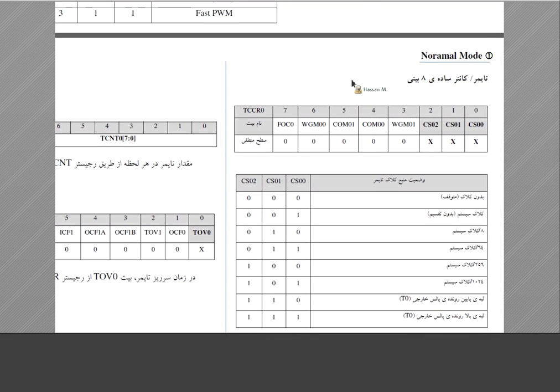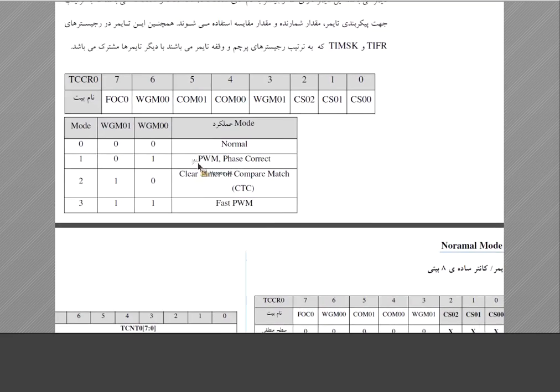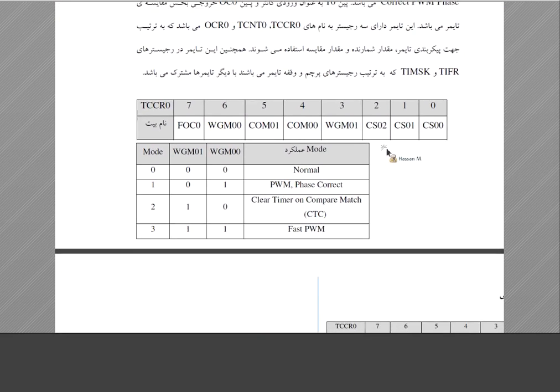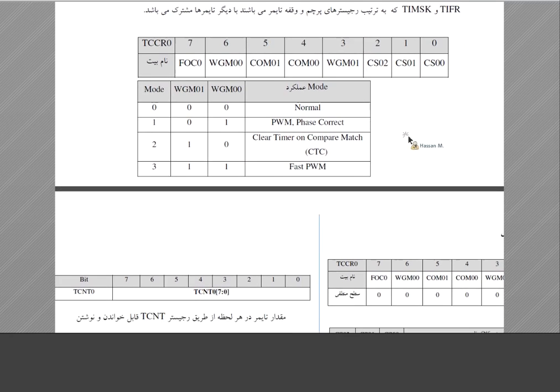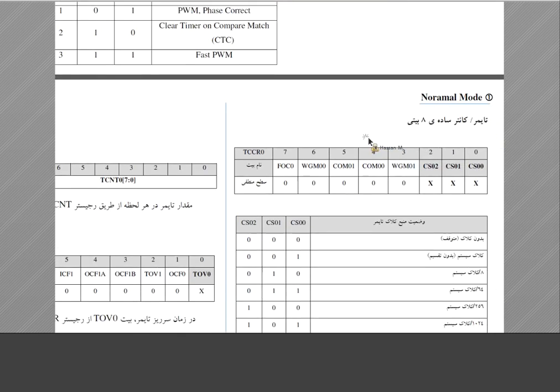Here, normal, CTC, fast PWM, phase correct PWM. The first mode is normal mode. Okay, we see here again this timer counter control register. These 2 bits, bit 3 and bit 6, must be assigned as 0, 0.